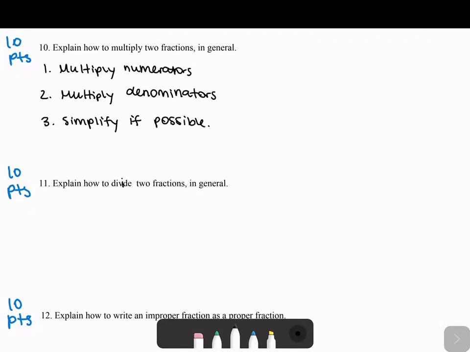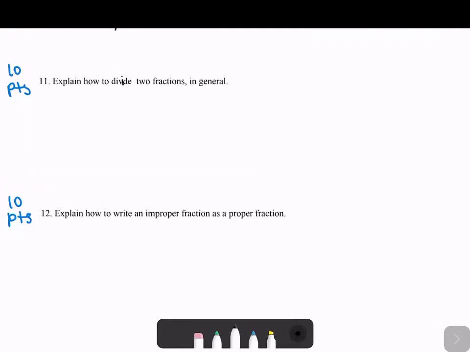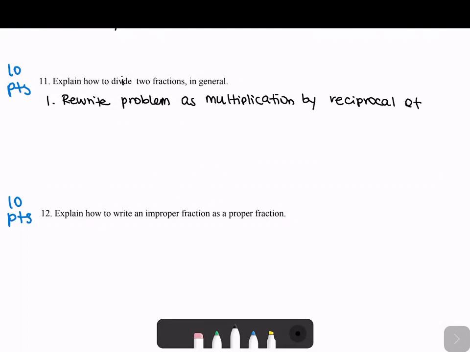Okay. How do we divide 2 fractions? Well, we can either do it with a common denominator or not, but I'm going to do the general case. So we rewrite the problem as multiplication by the reciprocal of the divisor.